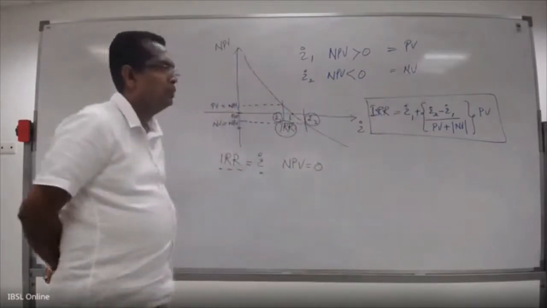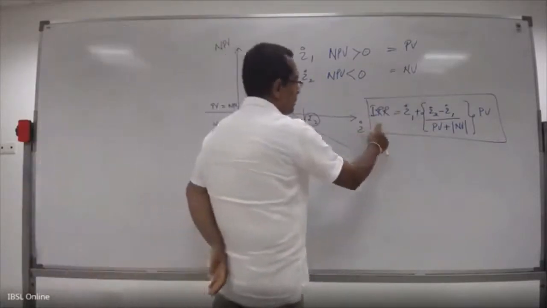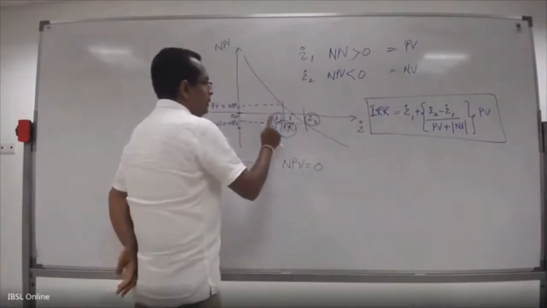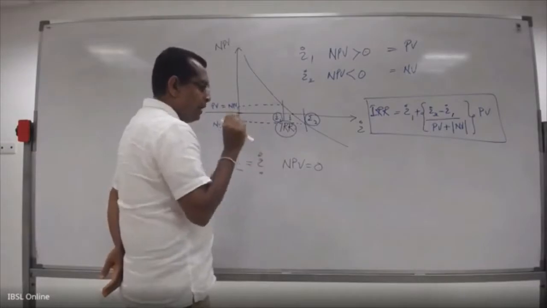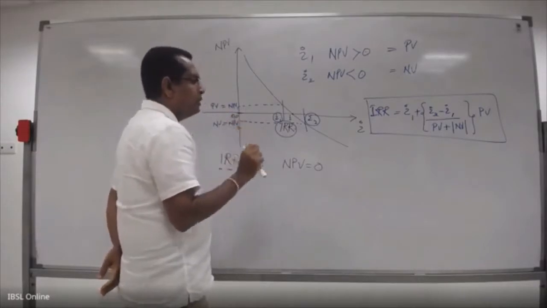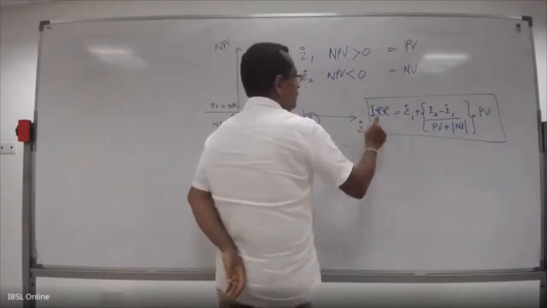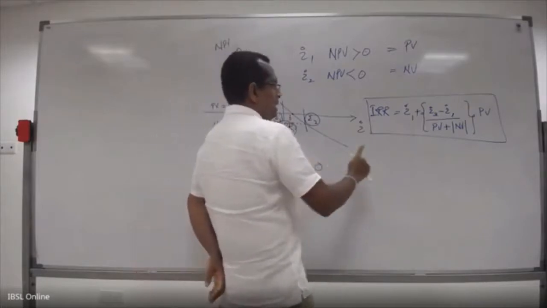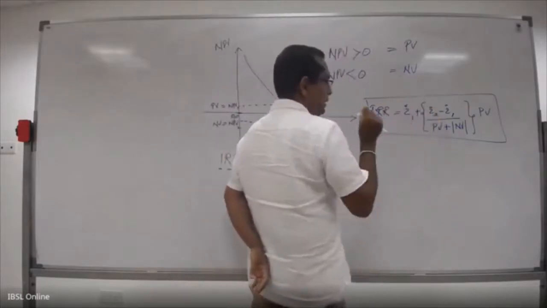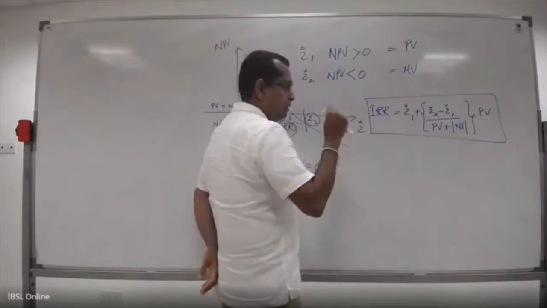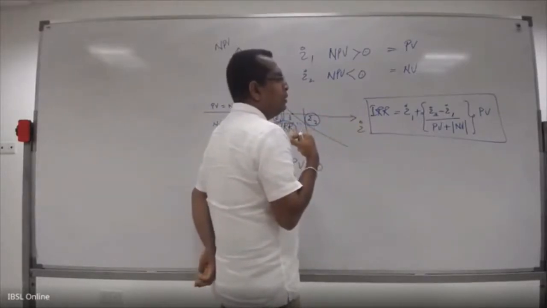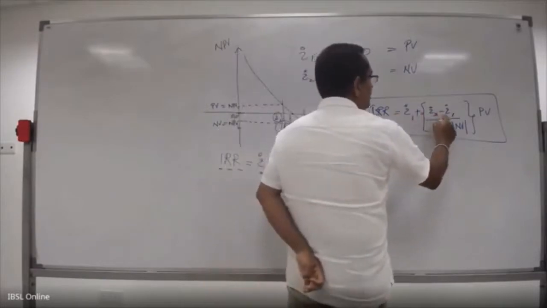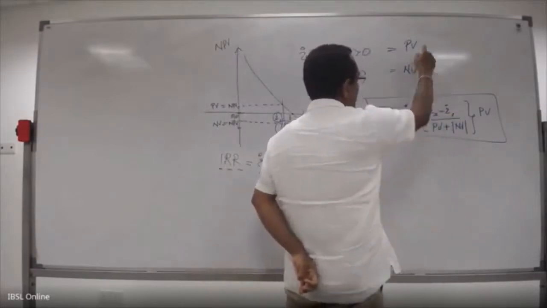So IRR is equal to I1, the interest rate where NPV is positive but near 0, plus I2, the interest rate where NPV is negative but near 0, minus I1, divided by positive value plus the absolute term of the negative value.